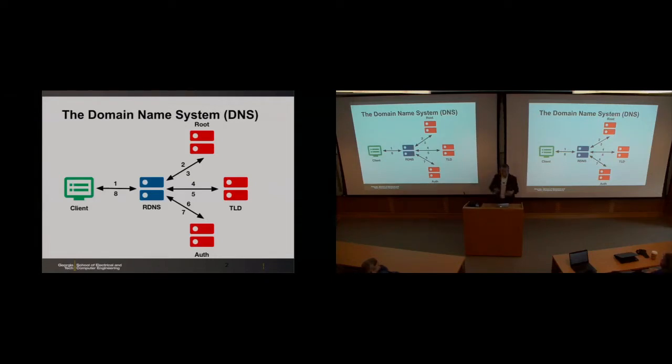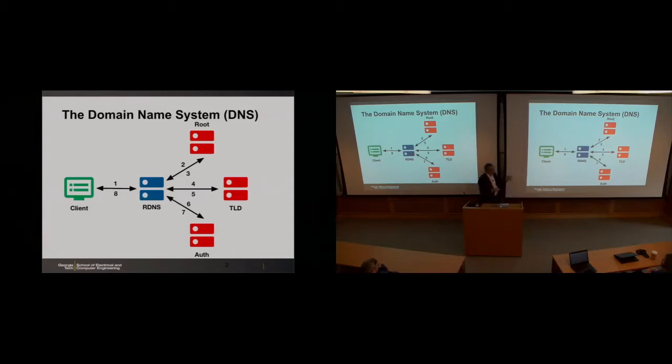And we need those recursive DNS servers in the middle simply because we don't want to overload the upper layers of the DNS hierarchy. By upper layers, I mean the root, the top-level domain name servers, and the authority name servers.